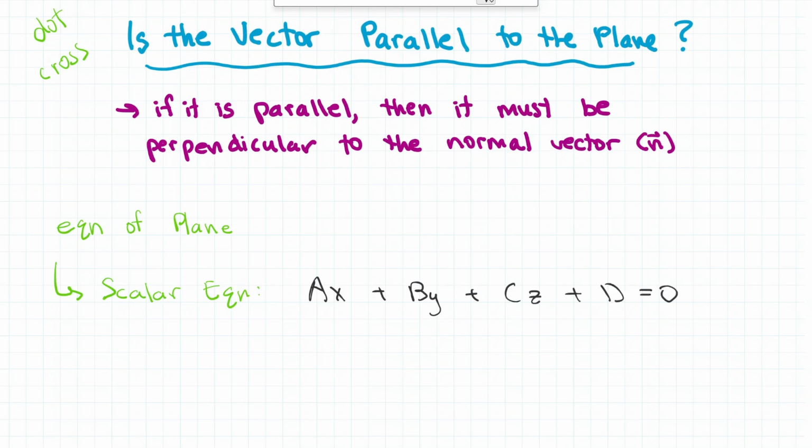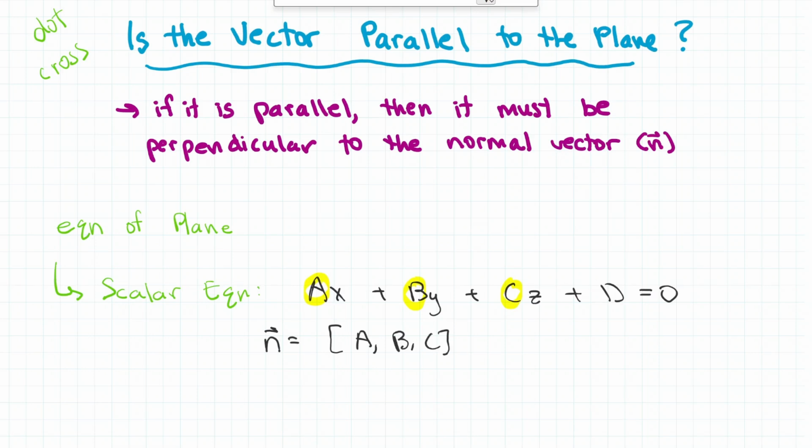And why I want to draw your attention to this is because I want to show you what is the normal to this equation. So the normal vector to this plane is actually just going to be our coefficients a, b, and c. So we can write n as a, b, and c.